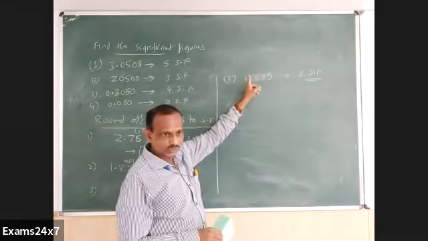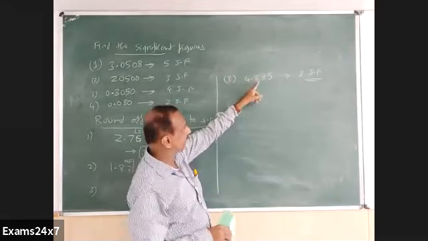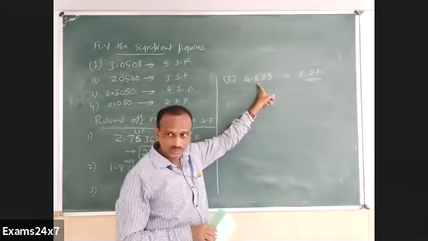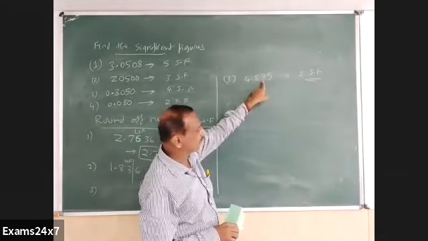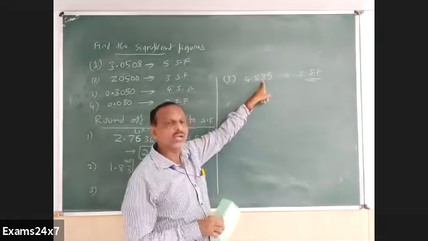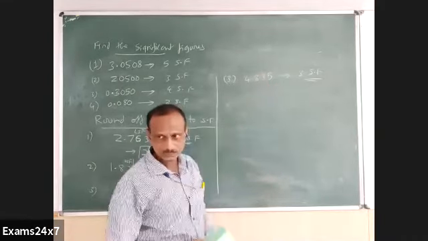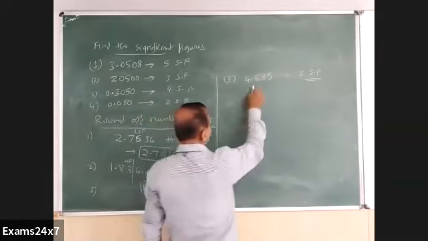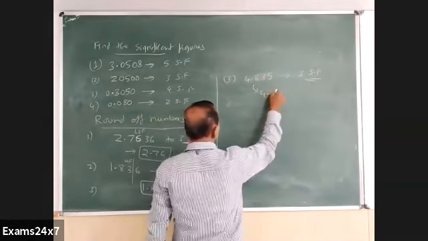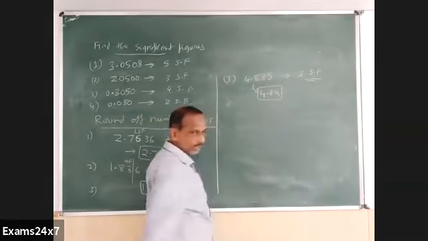When the number next to the significant figure digit, that is the LSF, the least significant figure, is a 5: when the least significant figure is an odd number, you raise it by 1. If it is an even number, retain it as it is. So in this case, I have to write it as 4.84. That is the answer.